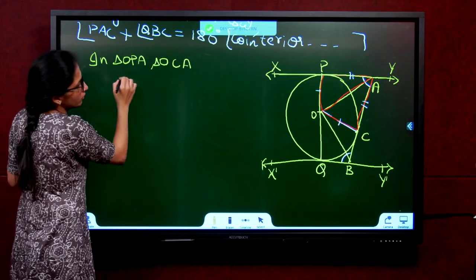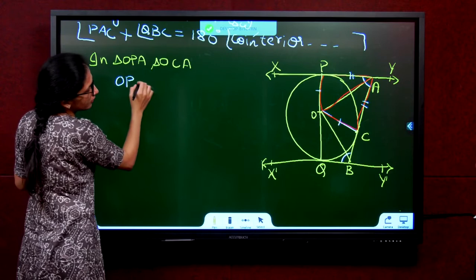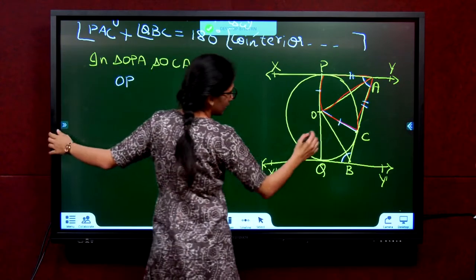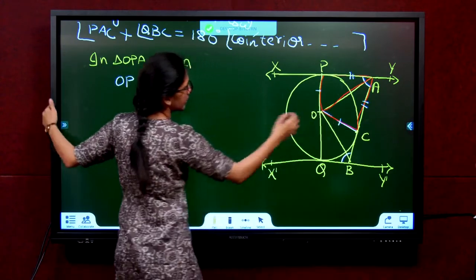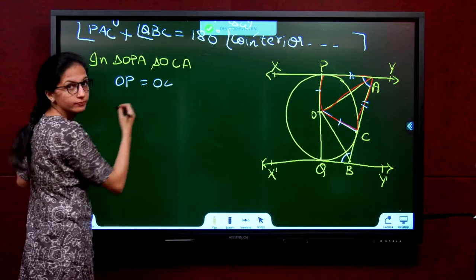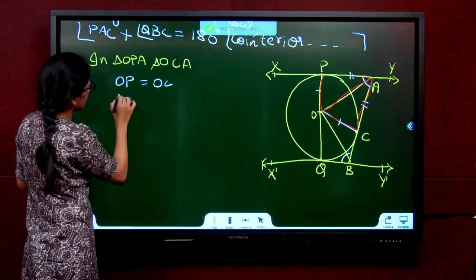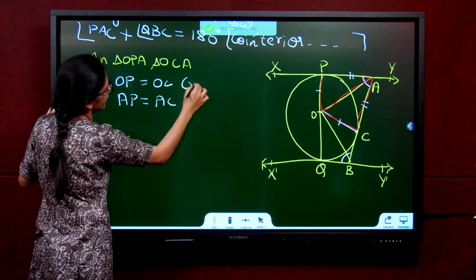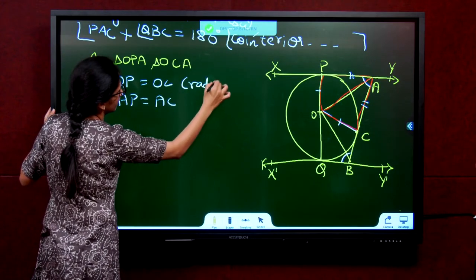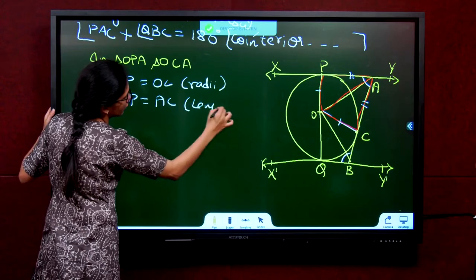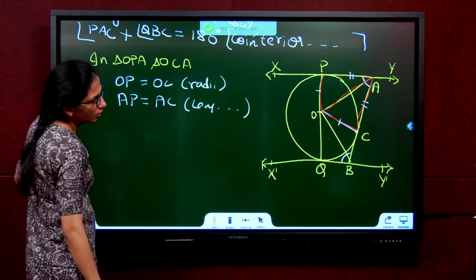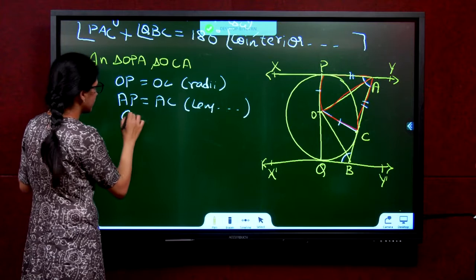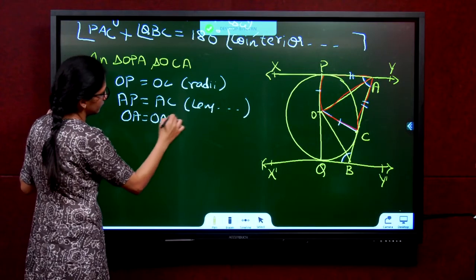So let's write that down. OP is equal to OC. Next, AP is equal to AC. This is radii. This is length of tangent. Next, OA is equal to OA, common.